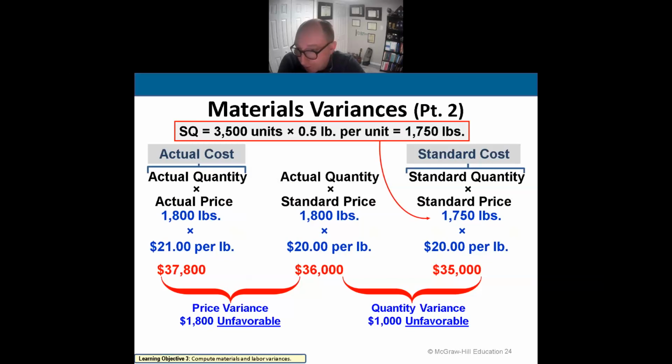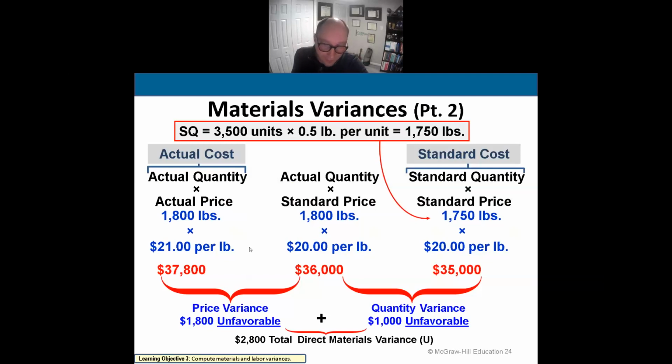Why? Because my actual quantity was greater than my standard quantity. This gives me a total direct materials variance of $2,800 unfavorable. Price plus quantity variance gives you total direct materials variance.